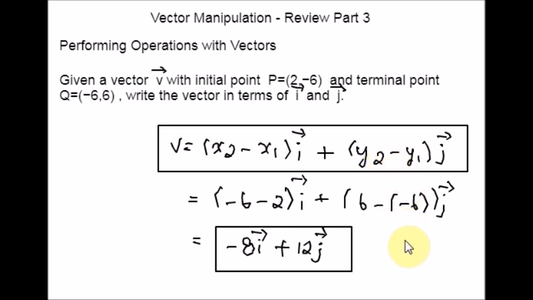Okay, now let's see how to perform operations on vectors in terms of i and j. When vectors are written in terms of i and j, we carry out addition, subtraction and scalar multiplication, the basic operations, by performing operations on the corresponding components. So let's see addition and subtraction of vectors in rectangular coordinate form.